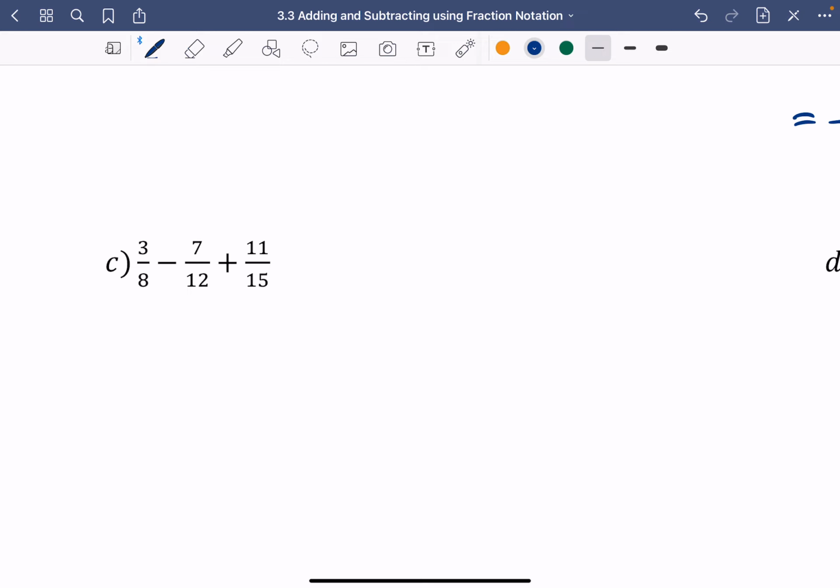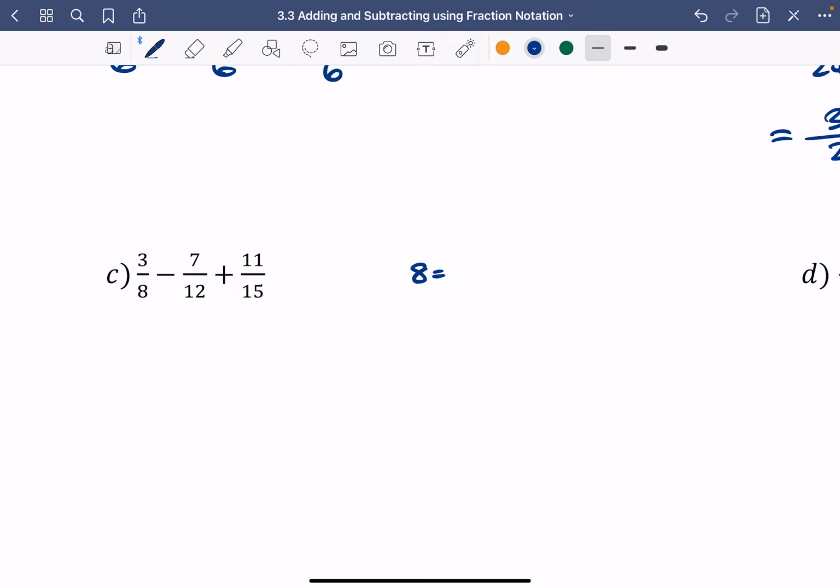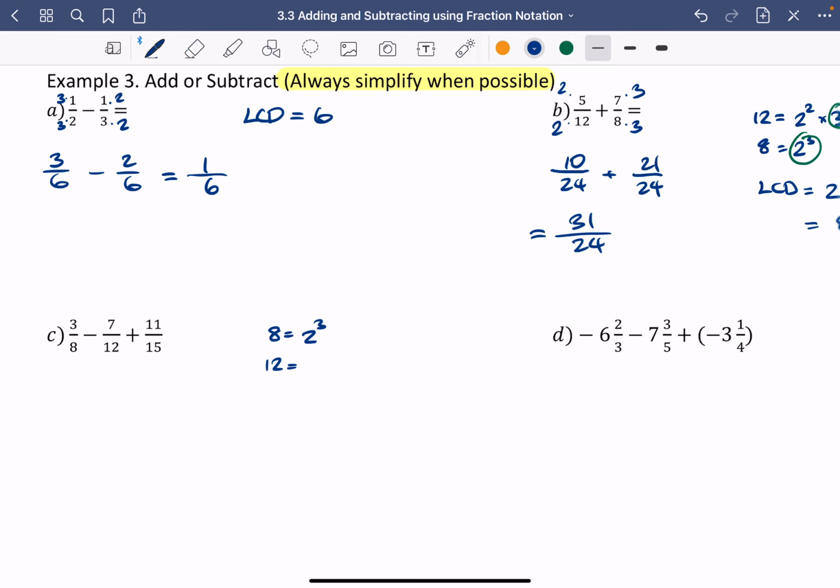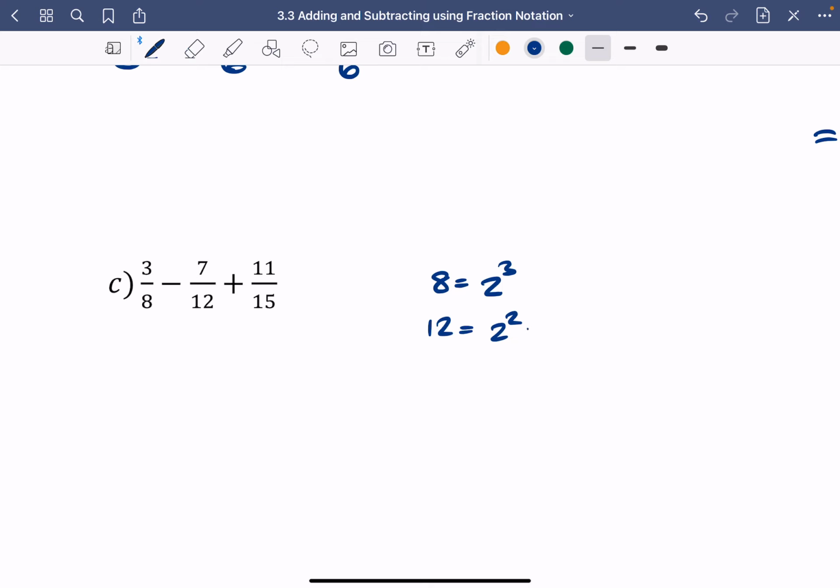Okay, moving on. Now that we have 3 fractions together, we change everything to a common denominator. And so let's do it. 8 is equal to 2 cubed. 12 is equal to 2 squared times by 3.